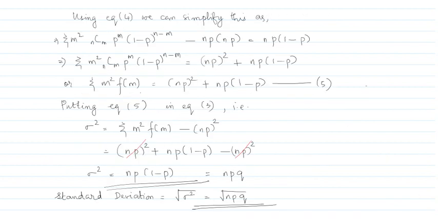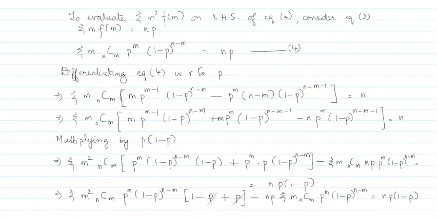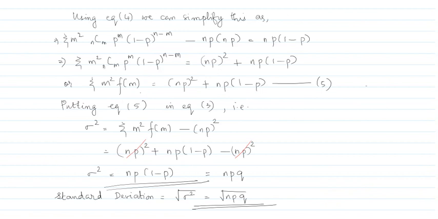Now from equation 4, what was equation 4? Equation 4 tells me that the summation of m times fm is np, where fm is this thing. I have the same term here, right? m times fm, this is equal to np. So I plug in equation 4 here, and I have the first term like this, and I have minus np times np.